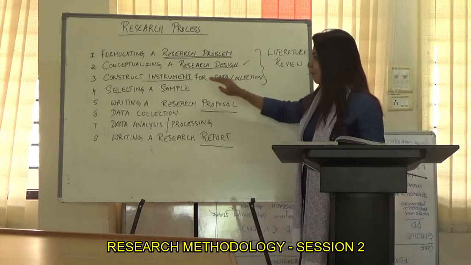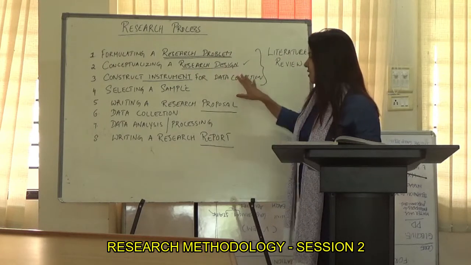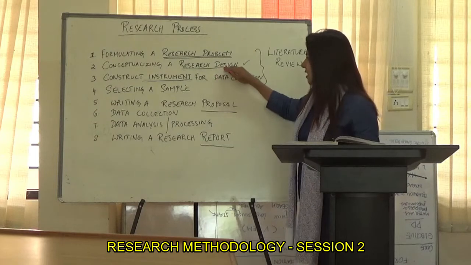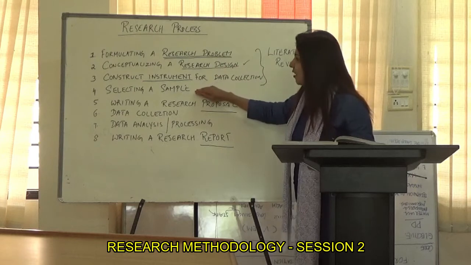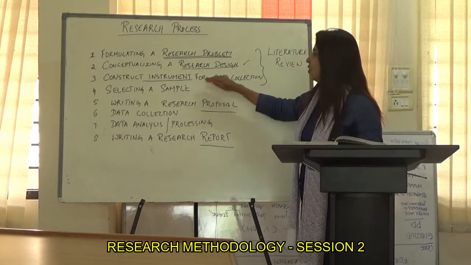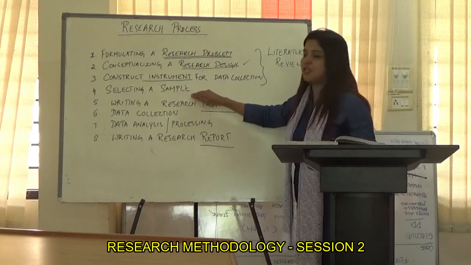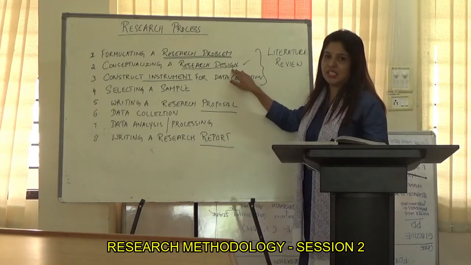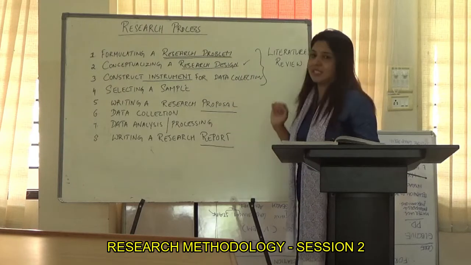But once more, I forgot to explain this particular point. You construct an instrument for data collection. Once the instrument is ready, along with the research design, you have identified a population and a sample, etc. But your sample identification comes after you develop an instrument, because you need to see whether that instrument will fit a particular sample. You can identify a sample in your research design, but you can finalize your sample only once you develop your research instrument.